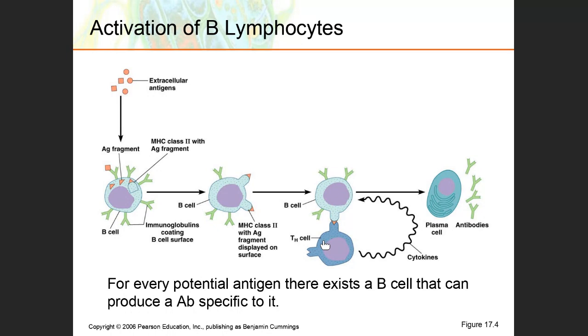But what is interesting, if I were to ask you how many different kinds of antigens are there on the Earth? Any idea how many different kinds of antigens there are? A lot, right? So let's just say for the sake of argument that there are 1 million antigens.